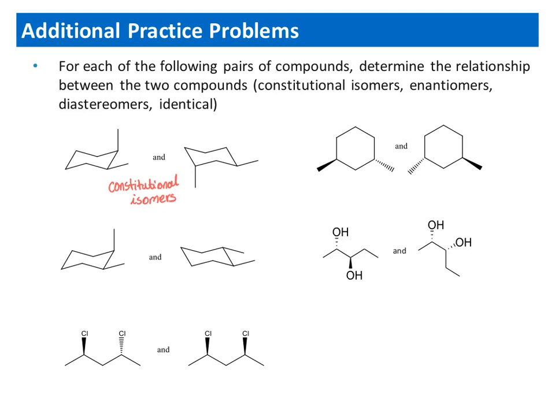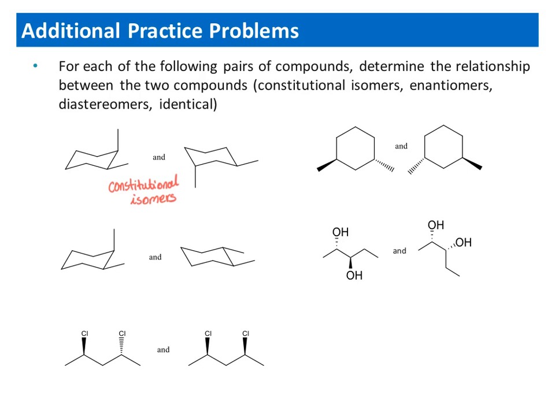Now, if you look at these two molecules, they have the same molecular formula. They have the same bond connectivity, so they are not constitutional isomers. Now you need to think about stereoisomers. Do we have chiral centers in these two molecules? Yes, we do.